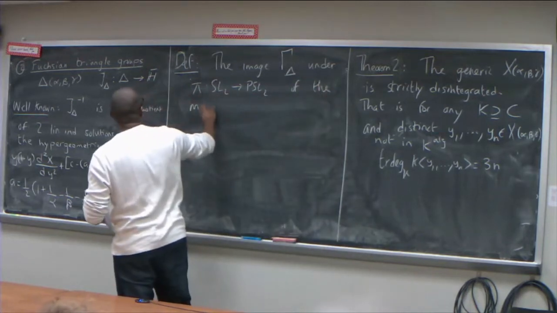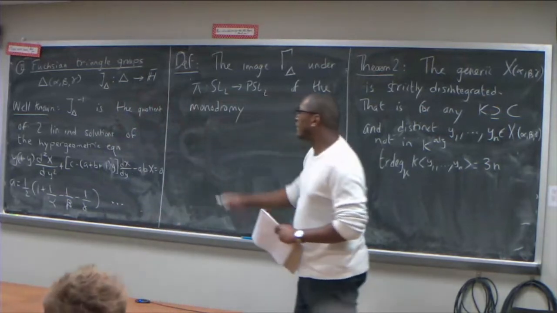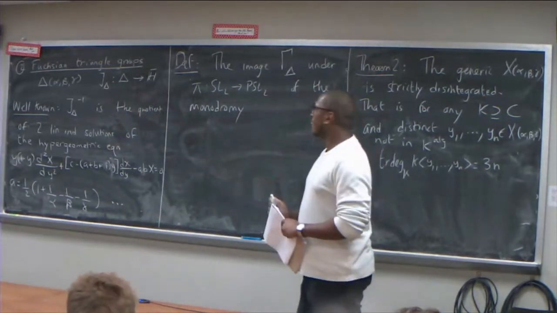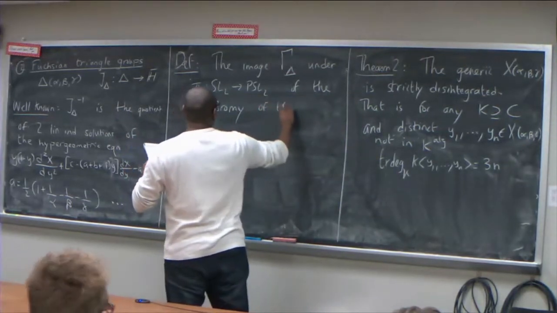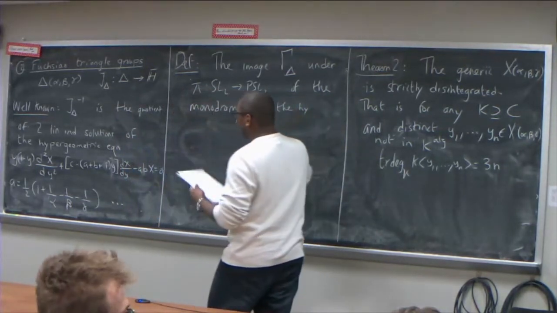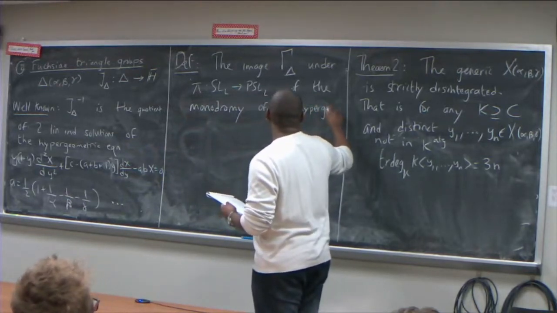If we look at the monodromy group of the linear equation, and we look at the image of this monodromy group, that's what we call the projective monodromy group of the equation.